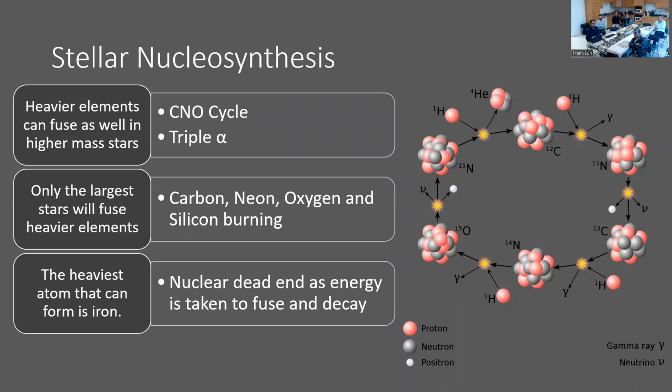So once you reach that point, you can't fuse iron to get more energy out of it. It takes energy. It's effectively an energetic dead end. And so stars at the end of their life cycle, if they're big enough, can start fusing that stuff.